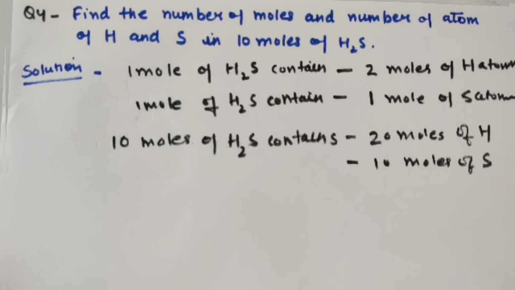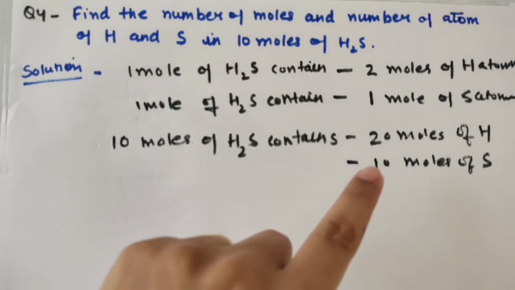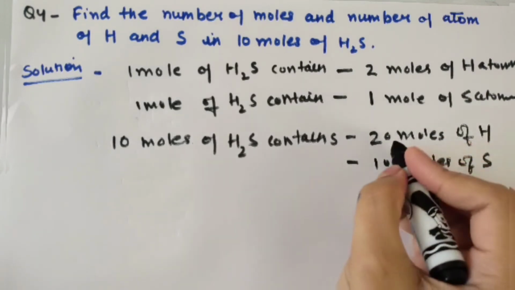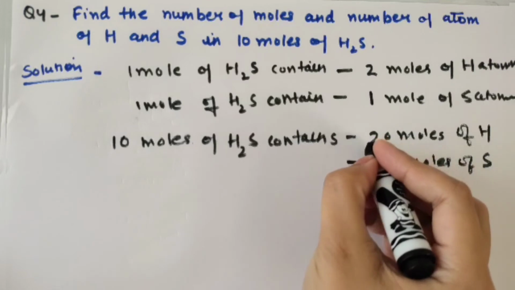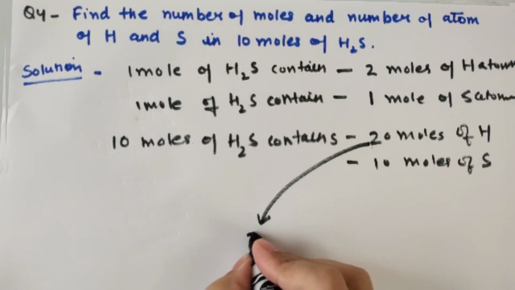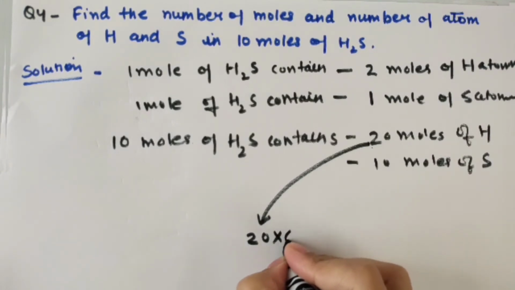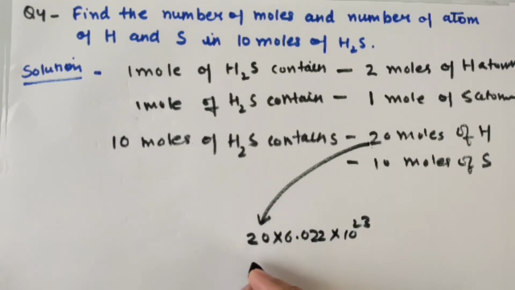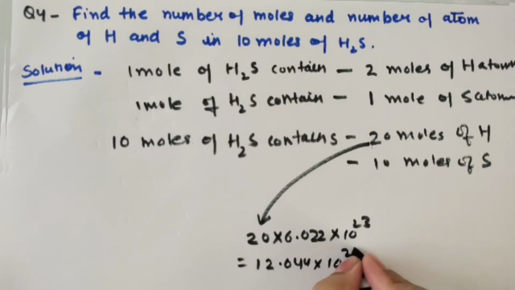Now, as we did in the earlier question, we have to solve the problem. How many atoms of hydrogen will be present in 20 moles of hydrogen? For this, you have to multiply by the Avogadro number, that is 20 into 6.022 into 10 to the power 23. It comes out to be 12.044 into 10 to the power 24 hydrogen atoms.